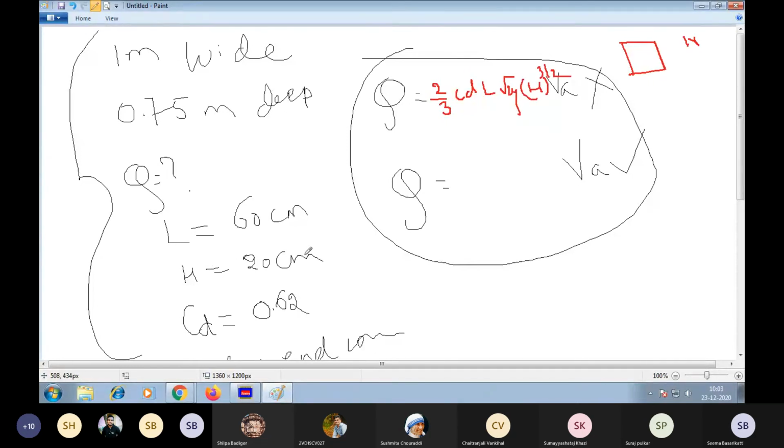They have given the value of H, the length and CD. Equate these values and tell me the discharge without considering the velocity of approach.